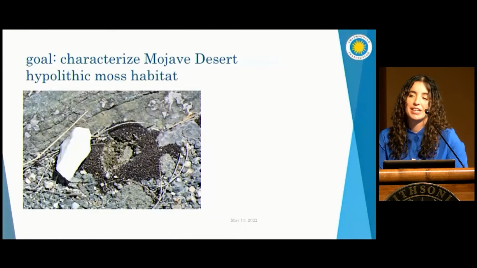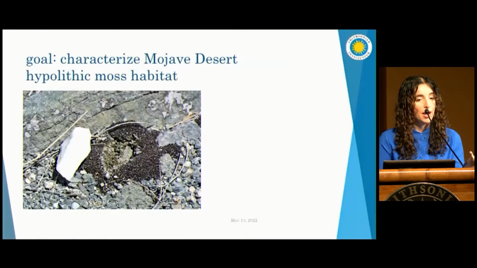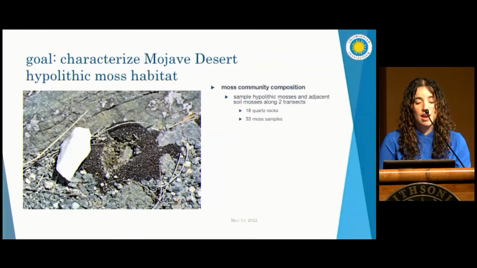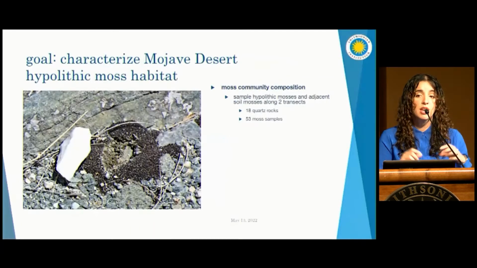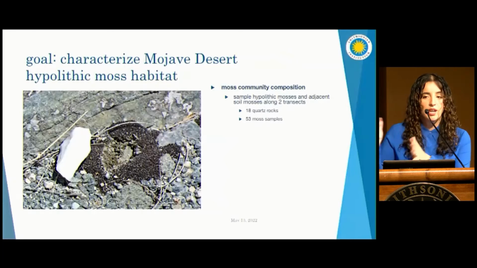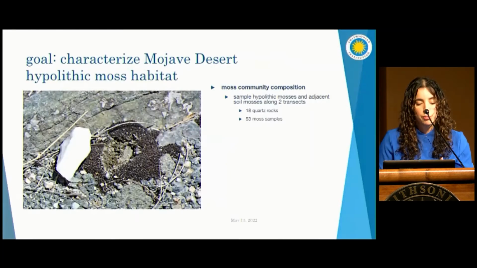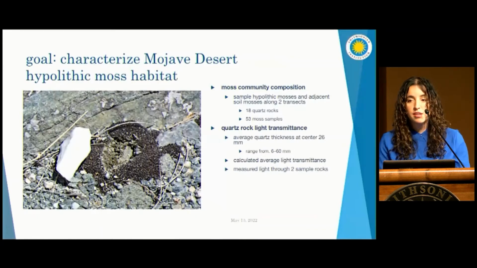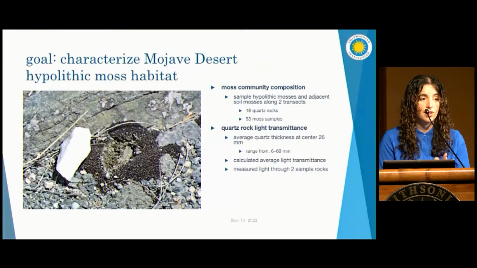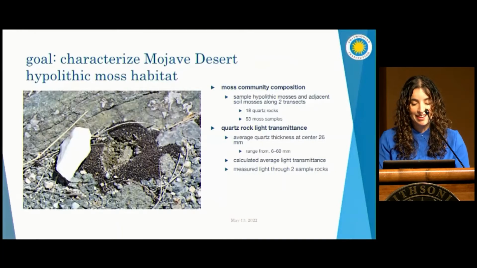So my collaborator and I set out to characterize this habitat. We wanted to know the community composition, so we collected samples under the quartz rocks and next to it on the soil surface to compare. We measured and quantified light transmitting through the rock because they are photosynthesizers after all, and they need to get some light.